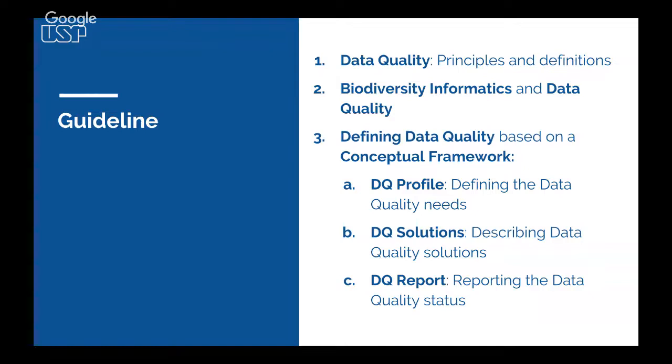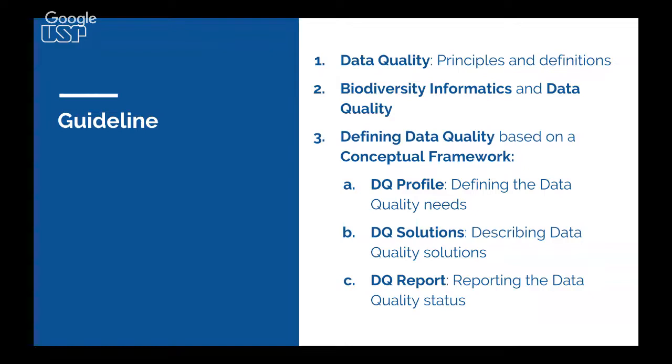Okay? Well, I organized this presentation in 3 parts. First part, we want to understand what data quality means using some principles and definitions in the literature. Then I will talk some about the challenge of data quality in biodiversity informatics.